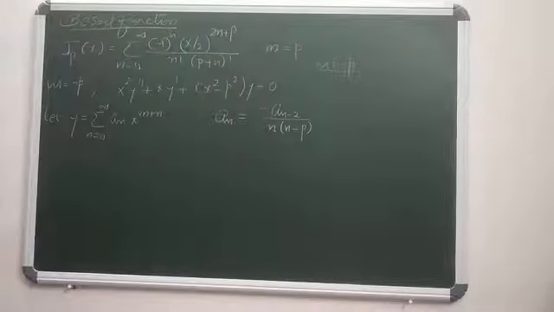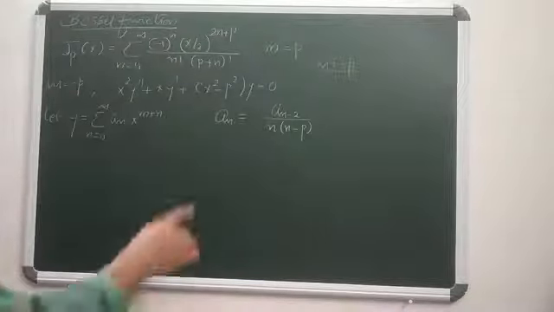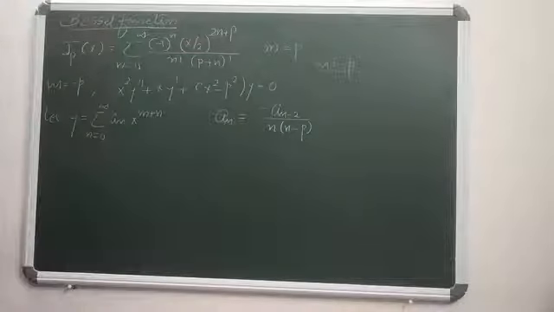But if you substitute the exponent m as minus p, then you have this recurrence relation a_n equals minus a_(n-2) by n into (n minus p).